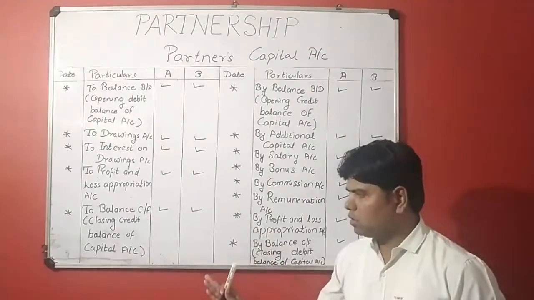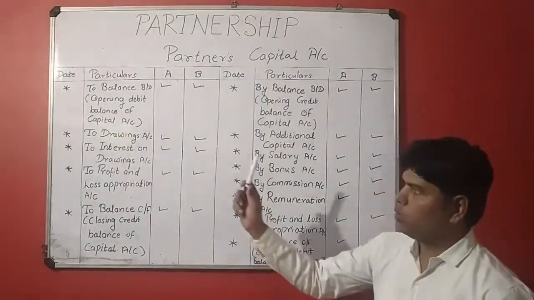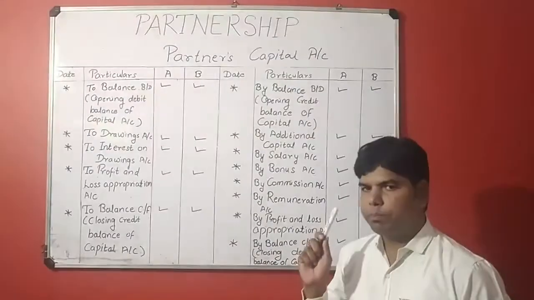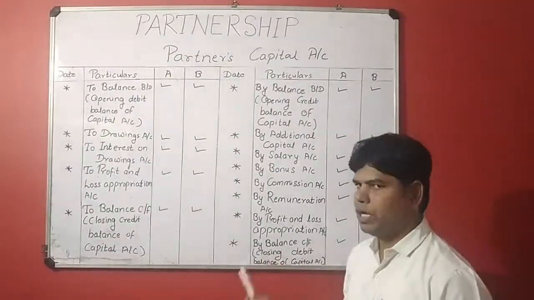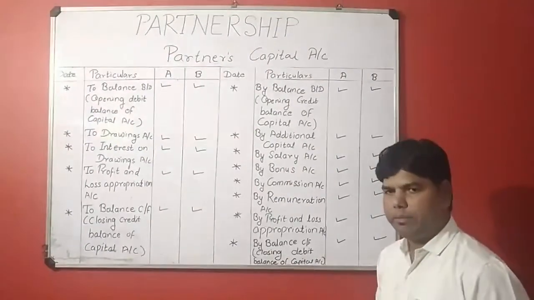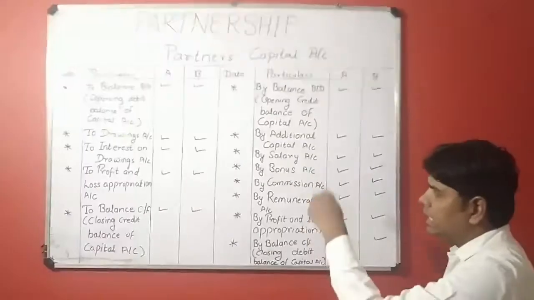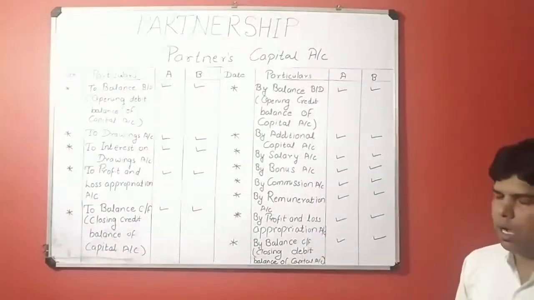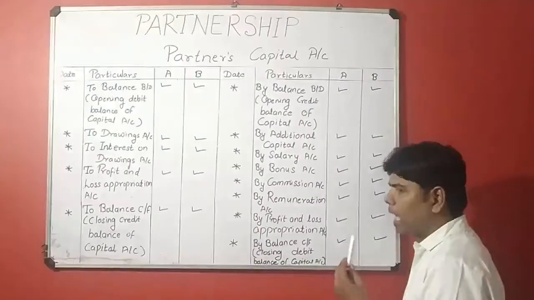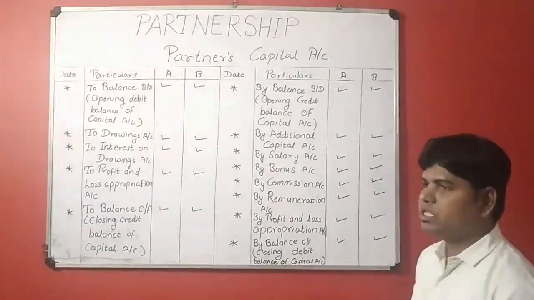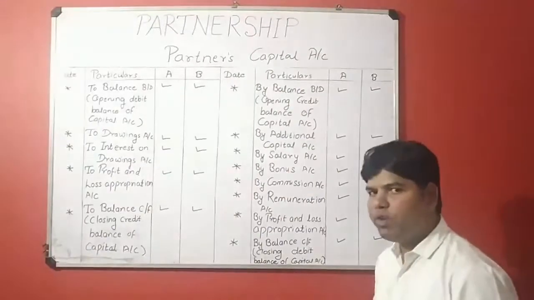All the records of the partner's capital account will be debited or credited, keeping in mind the nature of the transactions. All of these subsequently either increase or decrease the opening balance of the capital account. So the balance of the capital account of any partner changes frequently, or every year.